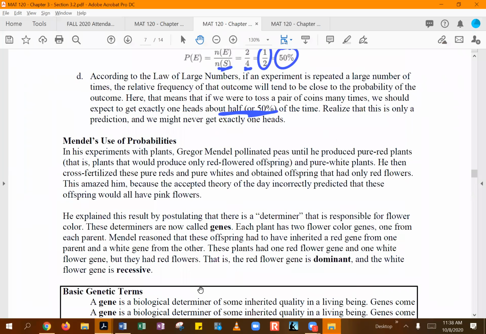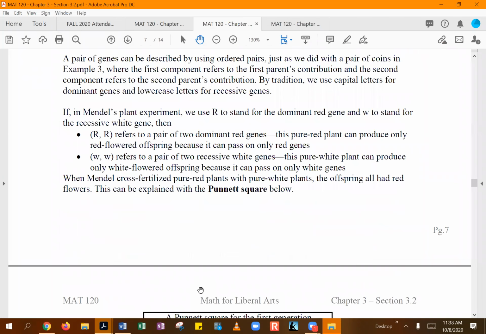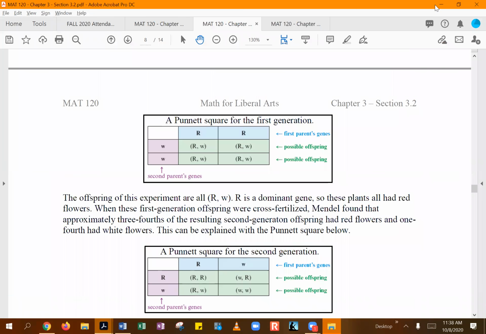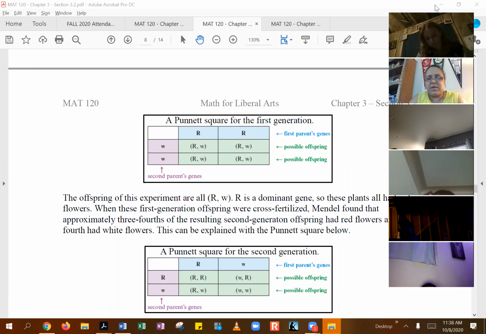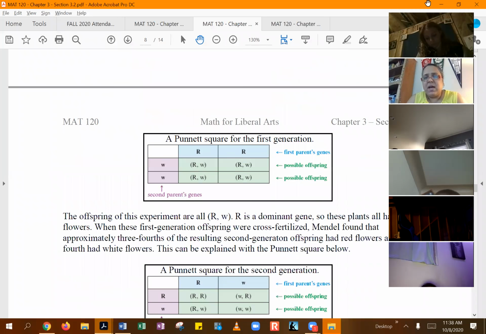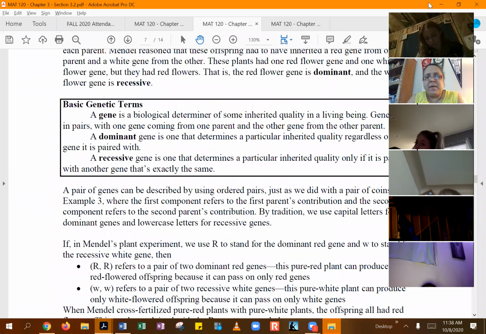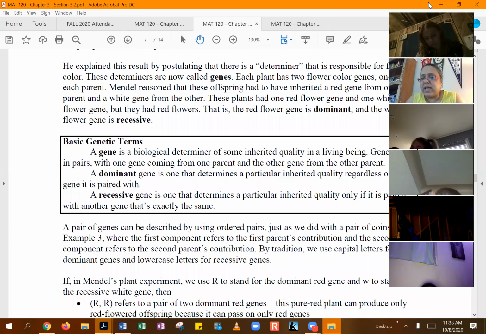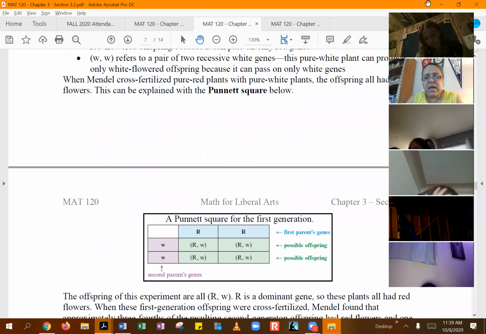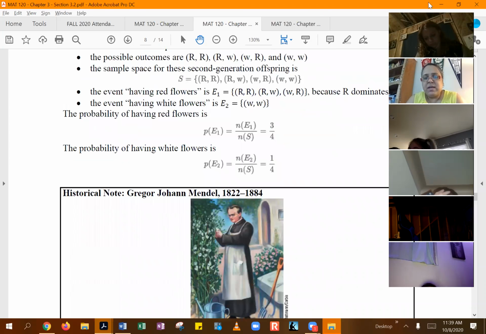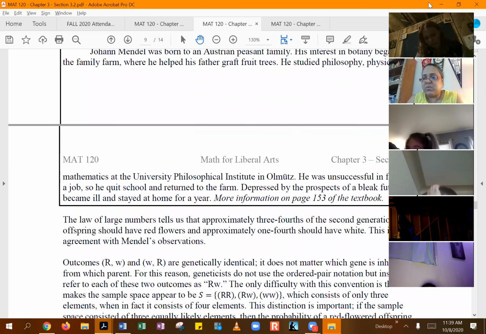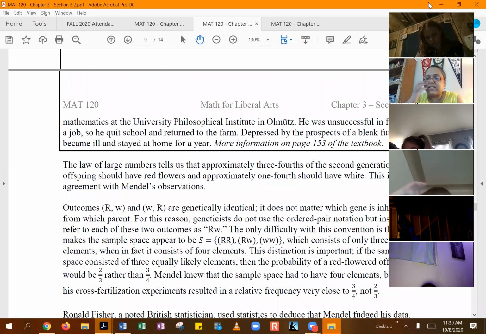But basically, the next part we are getting into is kind of interesting because we will be talking about probability in terms of genetics. So when you have your dominant gene and recessive gene, we'll be getting a little bit into how we can see these probabilities work out with the genetic traits that can be passed from the parent to the offspring.